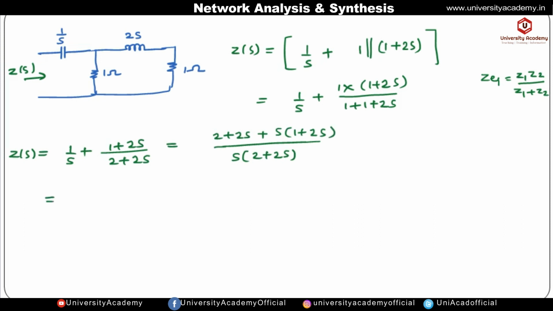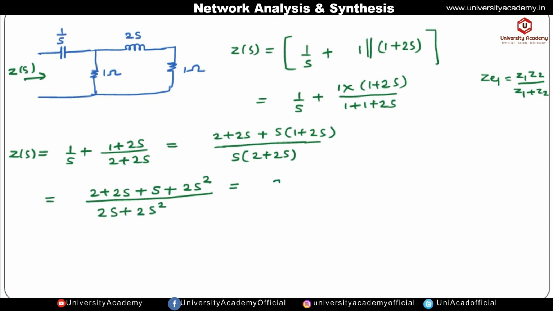So this will be equal to 2 plus 2s and then S plus 2 into S square. Let us also expand the denominator: it is 2s plus 2 into S square.